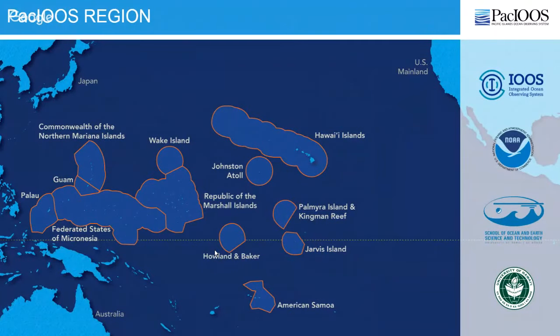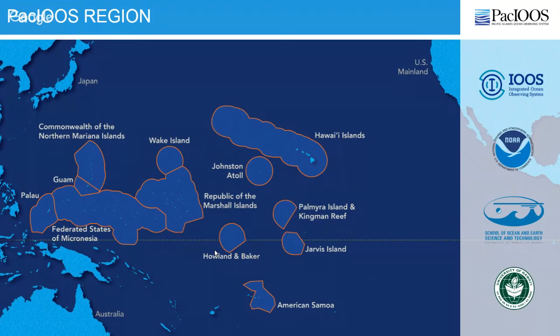So most of our staff and co-investigators are based within the university here. However, we have a really large region to cover. So it's not just Hawaii. It's the entire U.S. Pacific Islands region.